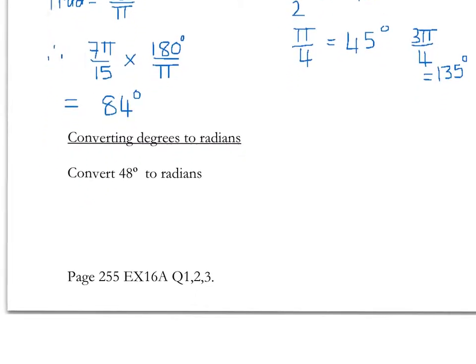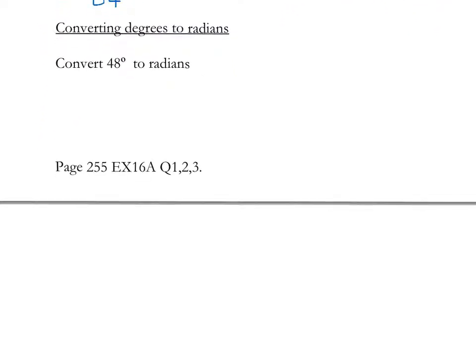This time we want to convert degrees into radians, and we already know that 1 degree is equal to pi over 180 radians.